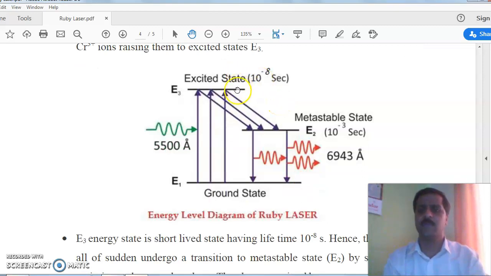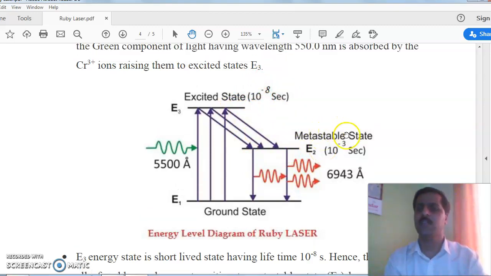After that time, the chromium ions in the E3 state emit radiation spontaneously in any direction and, after emitting, jump to the E2 state. E2 is the metastable state, and its lifetime is higher, 10⁻³ second. They stay there for a longer time period, and due to the high efficiency pumping device, if the number of chromium ions in that state is established in such a way that it is increased compared to the ground state, then population inversion is achieved.